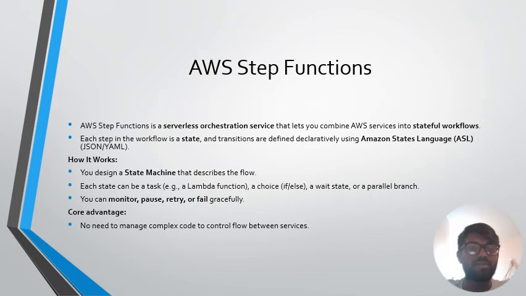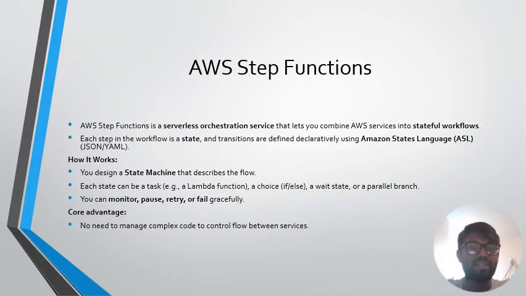AWS Step Functions. AWS Step Functions is a serverless orchestration service that lets you combine AWS services into stateful workflows. Each step in a workflow is a state, and transitions are defined declaratively using Amazon States Language.